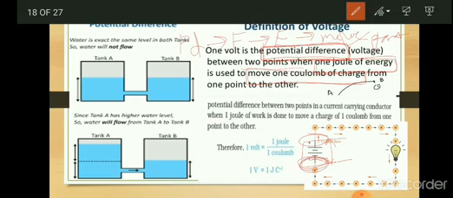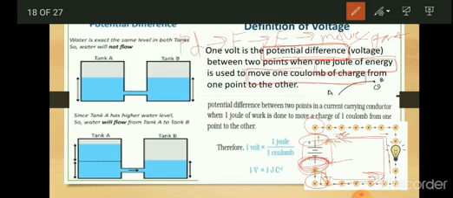This force gives the energy to the electrons to move from one place to another place. If 1 joule of energy pushes the electrons, then 1 coulomb of electrons will travel from one place to another place. Then it is called 1 volt.